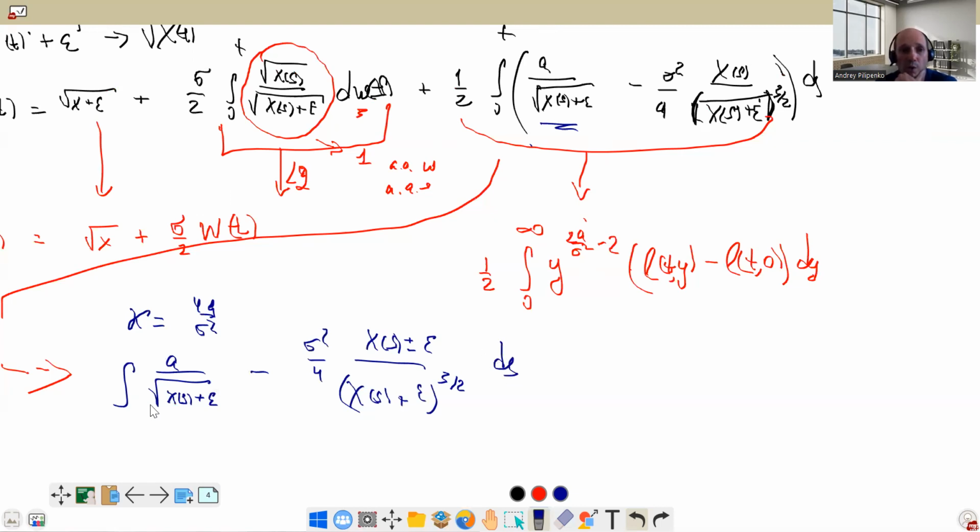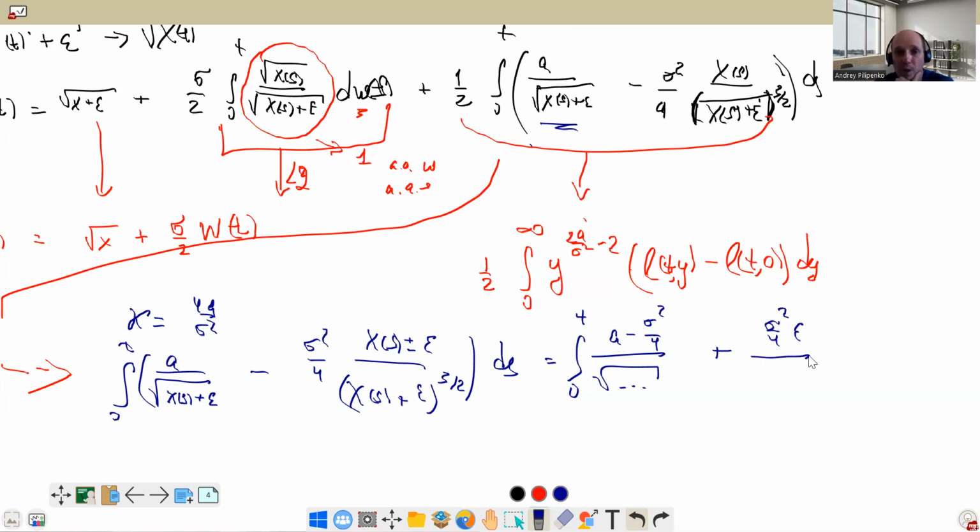So you can say that this is the integral of (a minus sigma squared over 4) divided by the square root of x(s) plus epsilon, plus sigma squared over 4 times epsilon divided by (x(s) plus epsilon) to the power 3/2, ds.